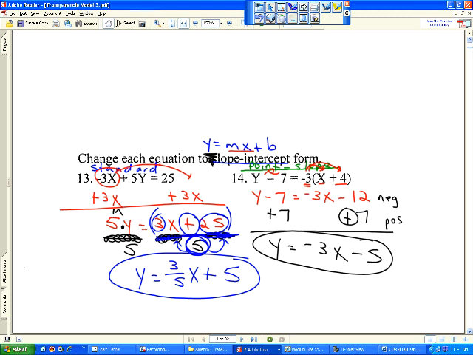When you add or subtract with different signs, subtract and take the larger sign. Sign rules, page 18. What page does it tell us how to do this stuff on? Page 107. It actually has the rules for going from point slope to slope intercept on 104, and then we did it on 107 also. Any questions on going from those forms into slope intercept form? Okay.